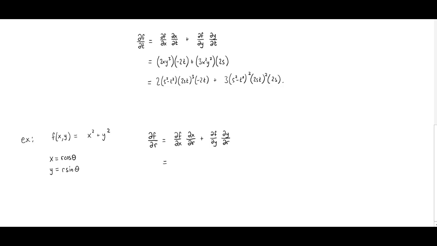So the partial f with respect to x, what is that? 2x. Partial x with respect to r. Negative r sine theta. With respect to r. Oh, it would just be cosine theta. Yes, okay, very good. And then partial f with respect to y would be 2y. Okay. And then partial of y with respect to r.